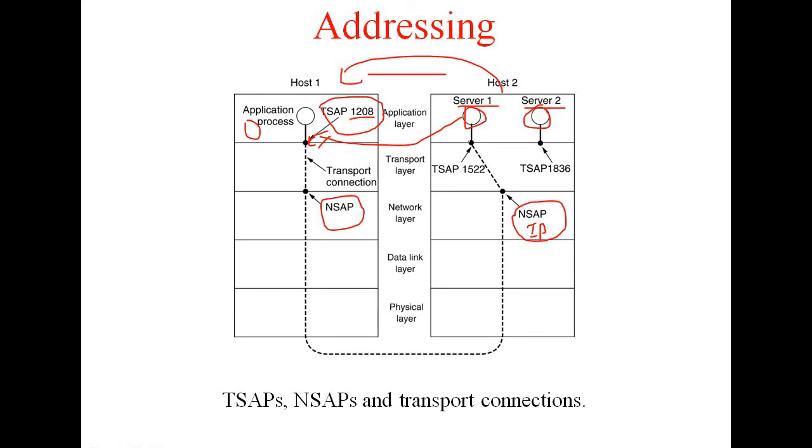Similarly, when host 2 wants to give information to host 1, the process will attach itself to its TSAP, the transport service access point. These will be unique.